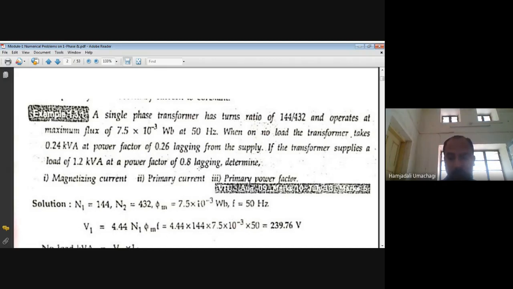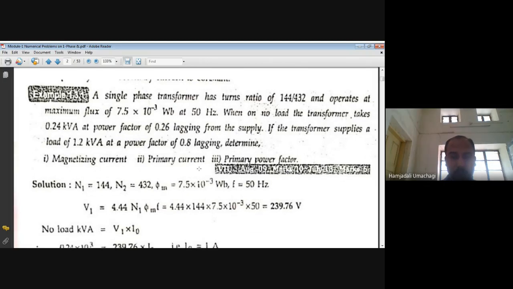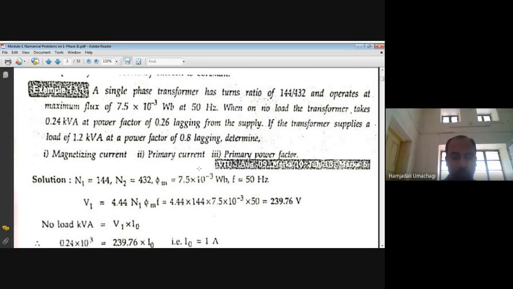Now let us see the solution here. First, you note down all the given parameters. Turns ratio: this 144 indicates primary number of turns N1, 432 indicates secondary number of turns N2.